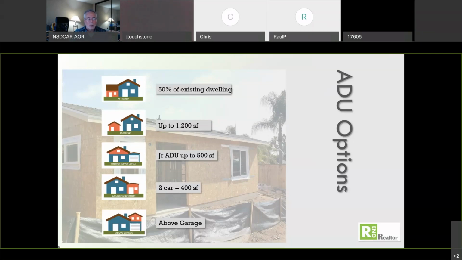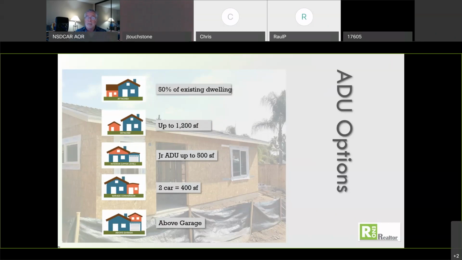So what I always like to point out is if there's a real compelling need to do an ADU, and this could be driven by multifamily, probably the number one demand that I've seen out there is people are trying to take care of family, their parents, siblings, direct family members that are struggling with affordability issues.